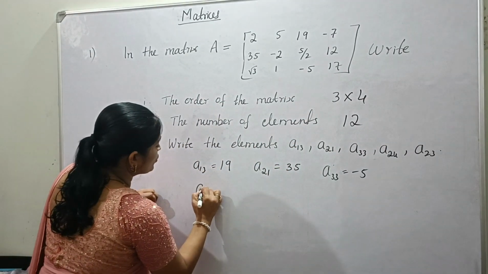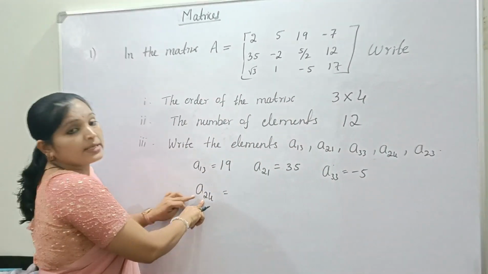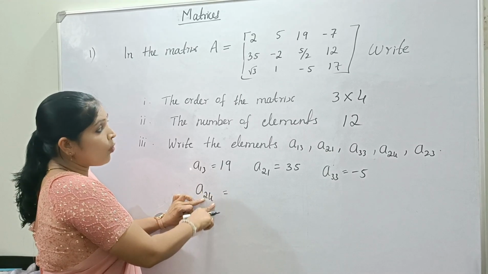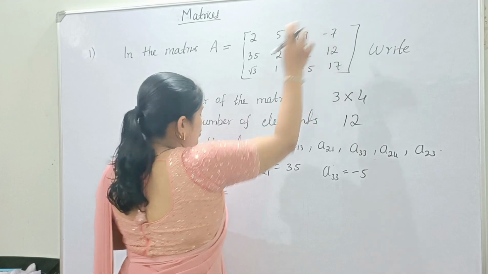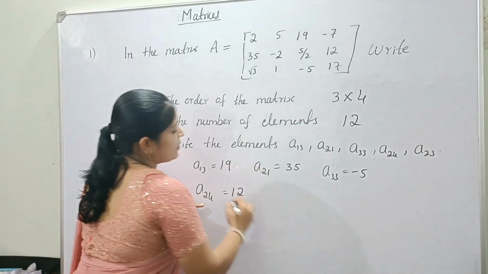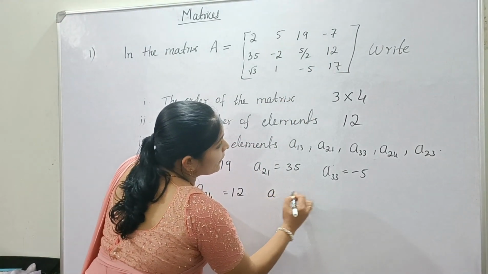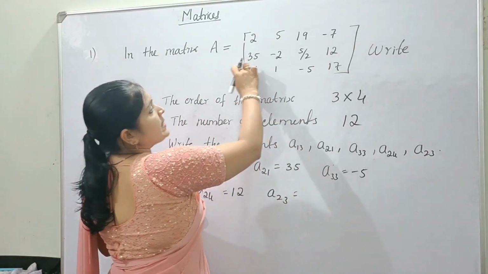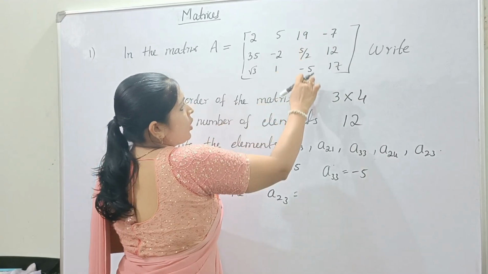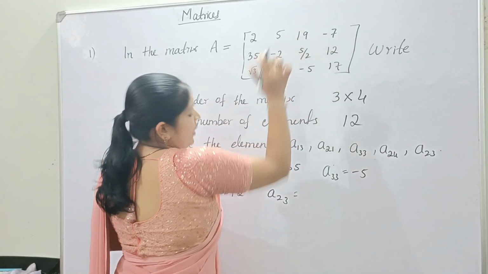And A24, second row, fourth column, that is 12. And A23, second row, third column. So the element is 5 by 2.